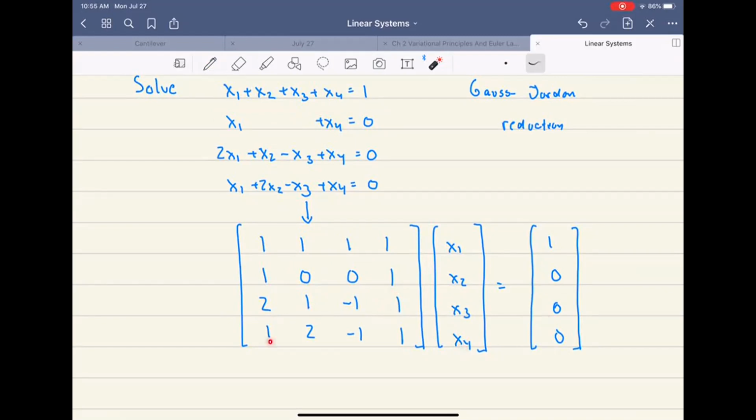And then x1 plus 2x2 minus x3 plus x4 equals 0.